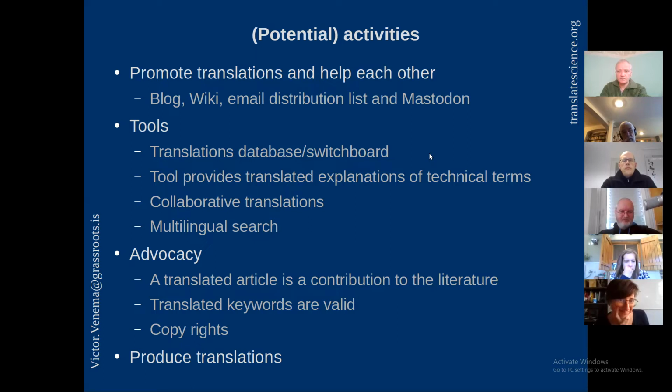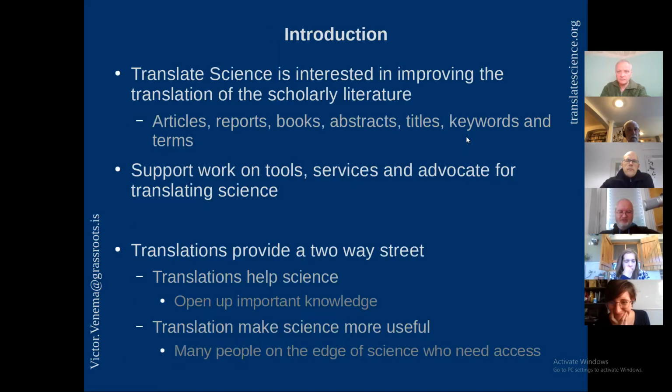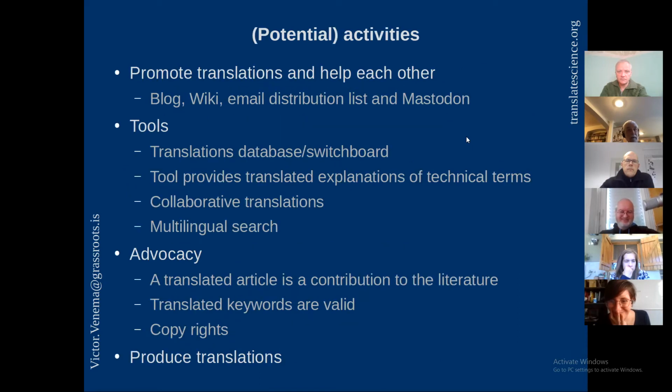We want to work on advocacy. At the moment, a translated article is hardly valued. And if you're unlucky, it's even seen as plagiarism. We think it is a valuable contribution to science to translate a scientific article. Google at the moment seems to see translated keywords as spamming keywords and punishing people for it. That should change. They are valid. And when it comes to copyrights, I'm a little bit of two minds.